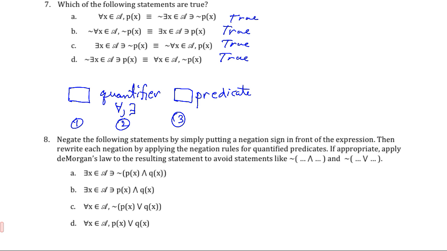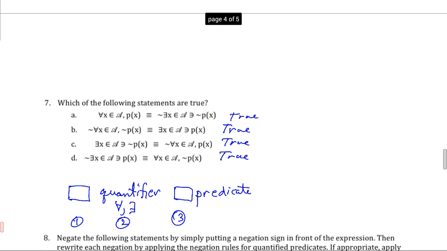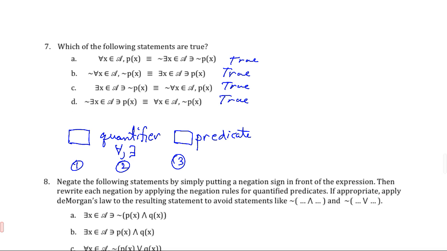And in fact, these are just four ways of writing essentially the same rule. And let's see here. If I were to interpret these in terms of the last problem, for example, if A were the set of all people and P of x is a statement that the person is wearing a green shirt, let's say, then the first one on the left of part A says everybody's wearing a green shirt.